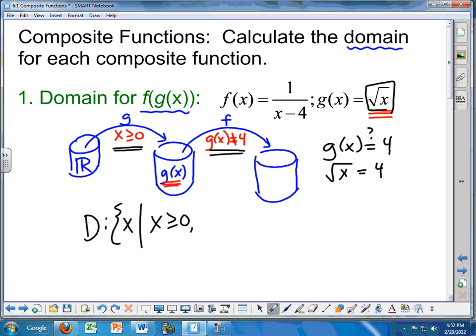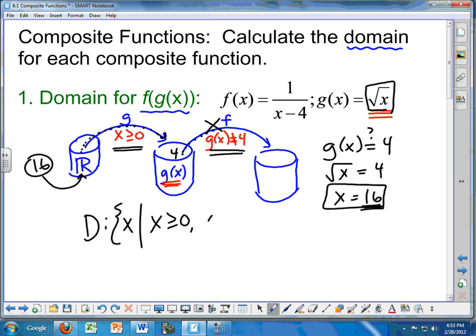That's our question. In this case, if we were to square both sides, we would get 16. And so my statement here is that I think that's going to be the case. If there was a 16 way back here, located in this real bucket, and it went into the g function, it would come out as the number 4. And that number 4 is not allowed into f, and so that would be excluded.